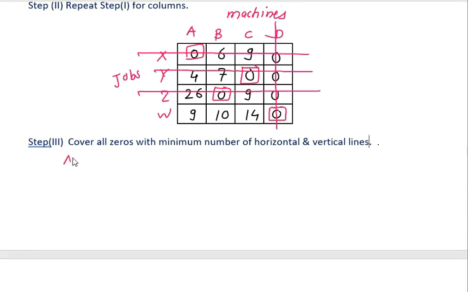So the number of horizontal and vertical lines is 4: 3 are horizontal, 1 is vertical. And it is equal to the order of the cost matrix.